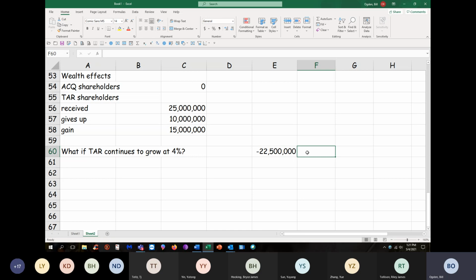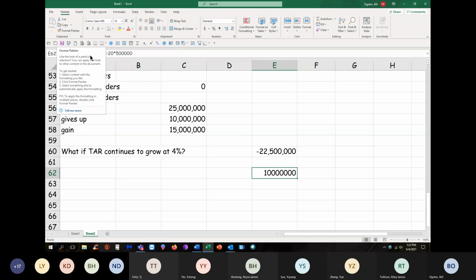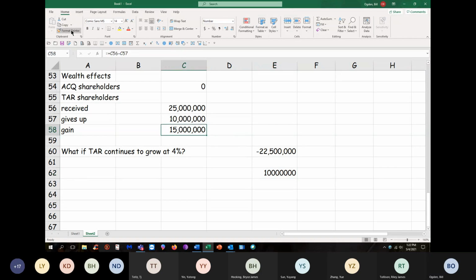So in other words, your cash is down by this much. What are your assets worth now? Well, they took in $20 times 500,000, and you have to value it still, but nonetheless, they're basically $10 million bigger, and they paid 22.